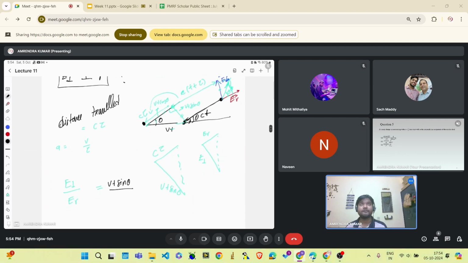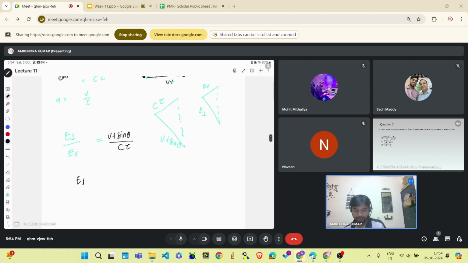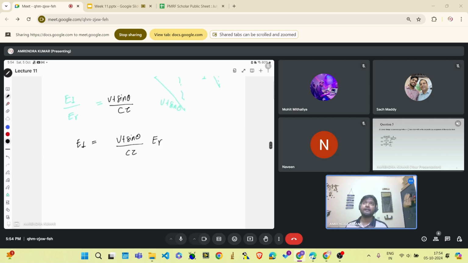The E_r is proportional to theta. So we can just calculate that vt sin theta over c tau is E perpendicular over E_r, and we know that E_r will be nothing but the field at the distance at which we are calculating it, due to the charge.